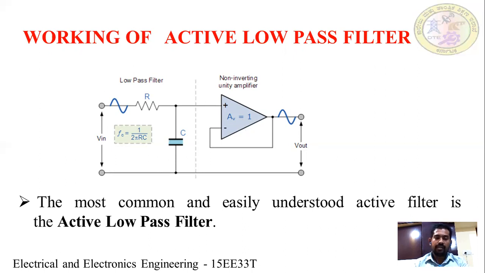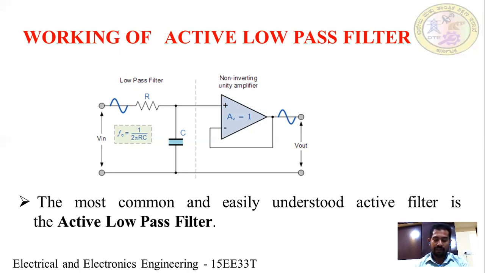In this circuit, the most common and easily understood active filter is the active low-pass filter. The active low-pass filter provides a constant output from DC up to the cutoff frequency, and then passes no signal above that. This is called an ideal low-pass filter.